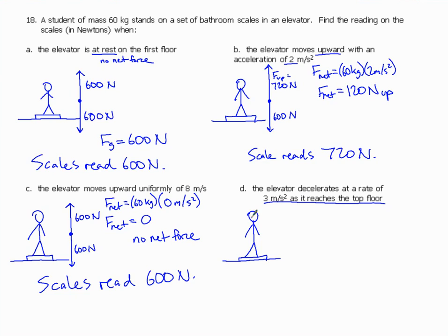So first, we need to figure out the net force. So the net force, we know the mass is 60 kilograms. We know the acceleration is 3 meters per second squared, which means that the net force is 180 newtons.